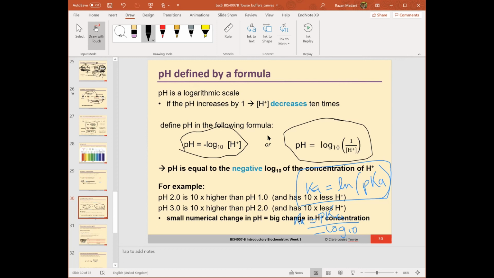You can reverse it basically. So you either get the pH as your subject, and because you already have your concentration, you work out the pH, or you can do it the opposite way. If you have your pH and you want to work out the hydrogen ions, you do pH over minus log 10 equals H plus.